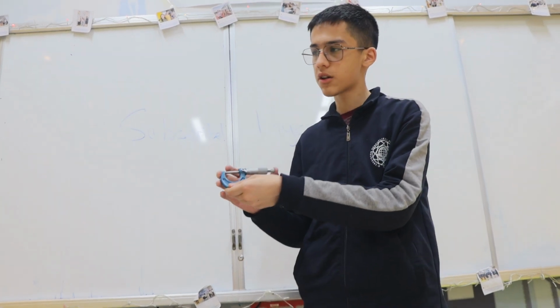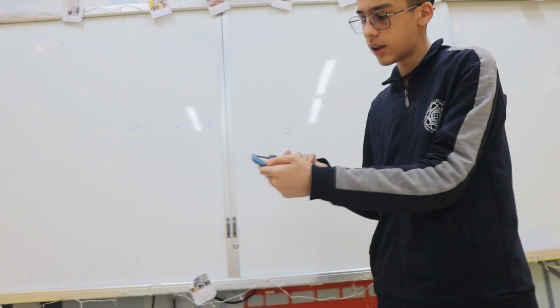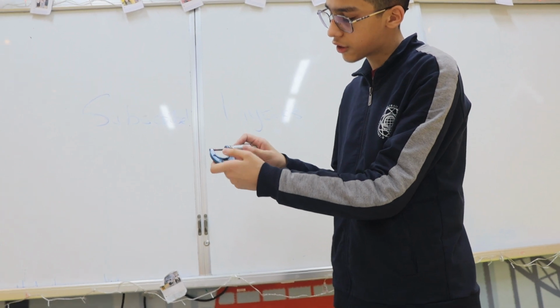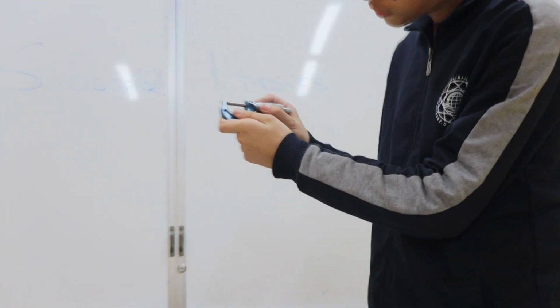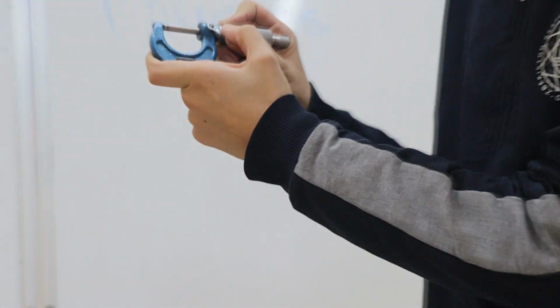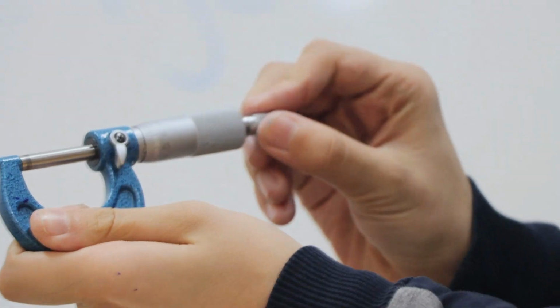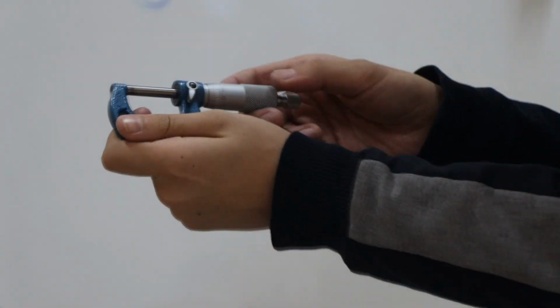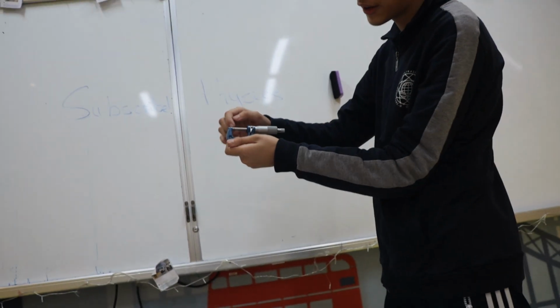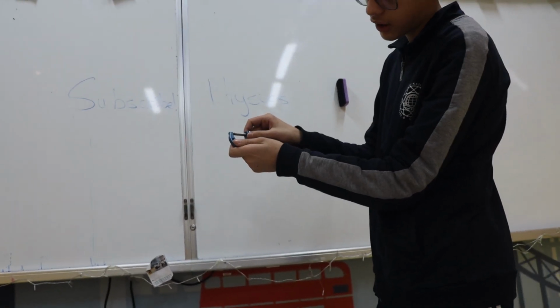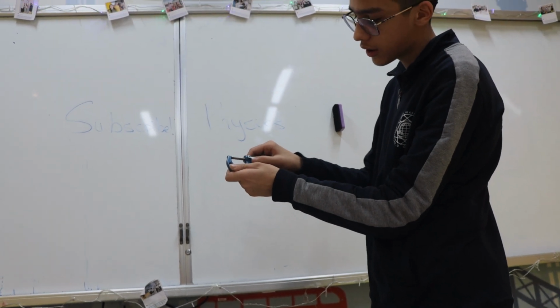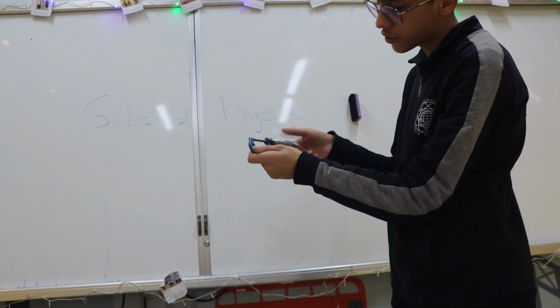So this is the micrometer screw gauge. First of all, in order to overcome zero error, we should make it zero and tighten it. After that, do like that. Yes, then it's zero and there is no distance. In order to measure the object, we should open it.